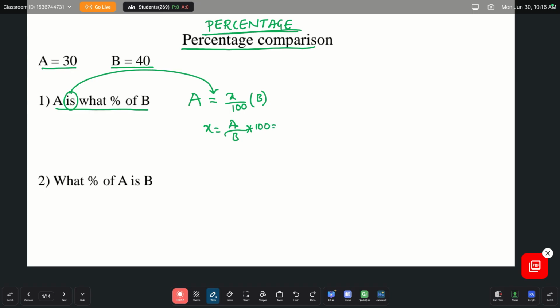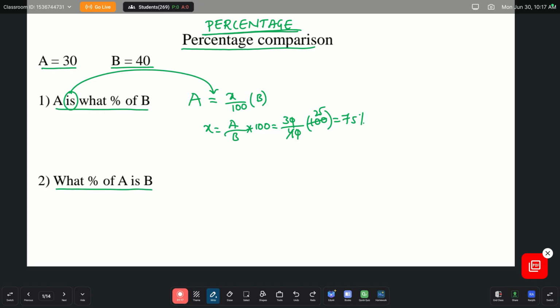A is equivalent to 30 by 40 into 100. The 0 is cancelled, so 3 by 4, 4 ones are 4, 4 twos are 25, equivalent to 75. 3 by 4. A is what percent of B? It is nothing but 75 percentage.